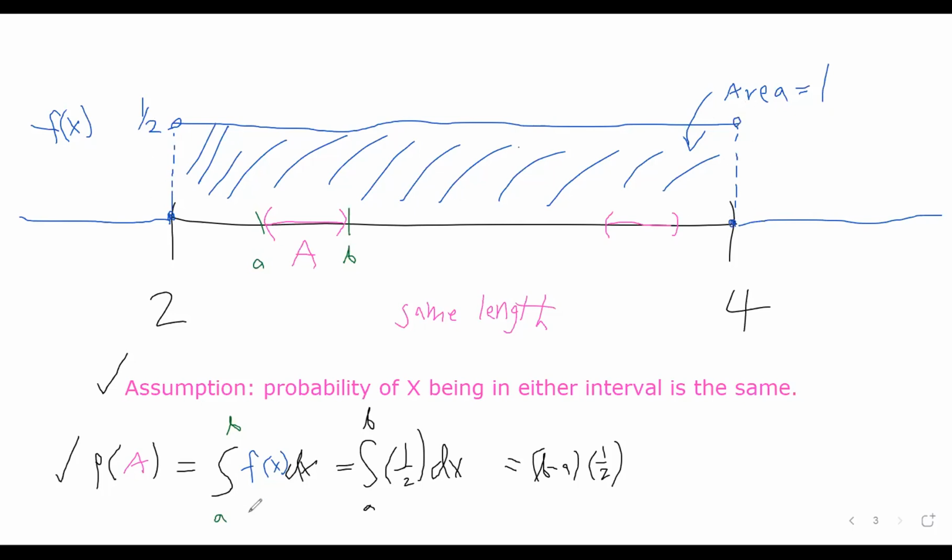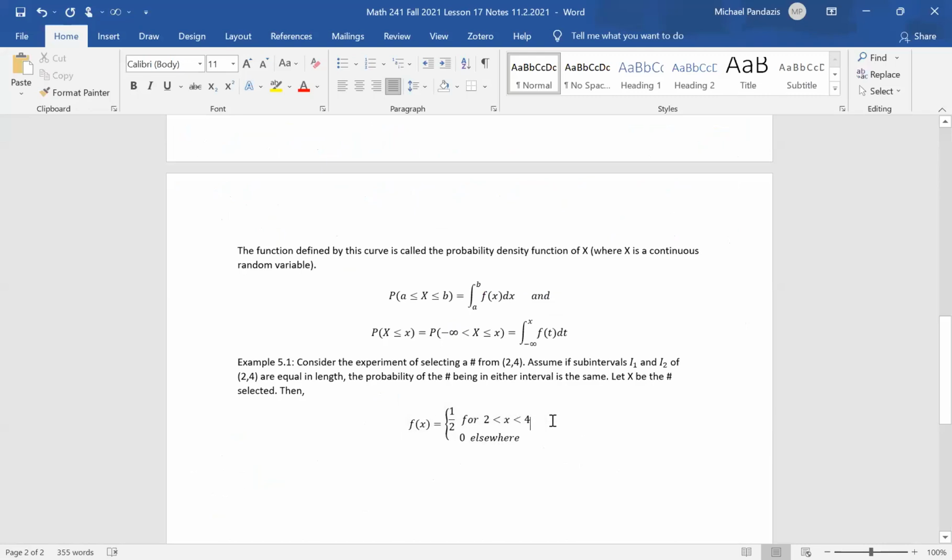But it doesn't matter because changing the value at just one point doesn't change the value of an integral. You would need the values over an interval to be different to change the values of integrals. Okay, so that's your PDF right there. So this is example 5.